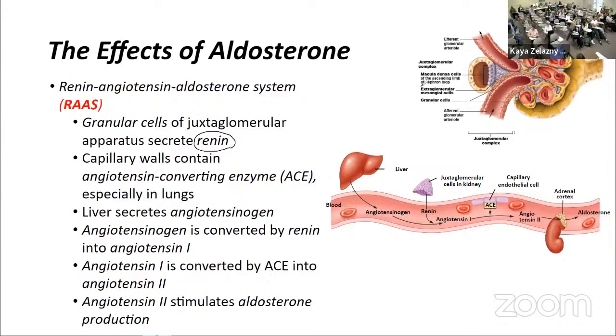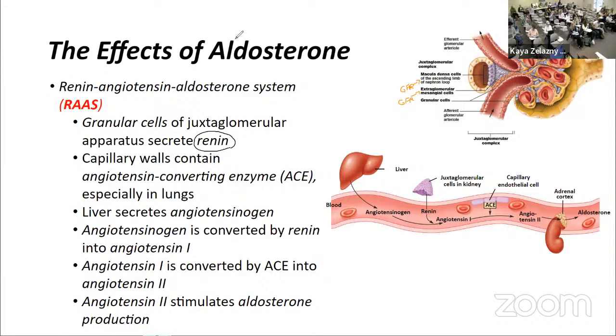Our macula densa cells were here sensing what's coming up through our nephron loop and going into the distal tubule. Our mesangial cells were controlling contraction around the glomerulus.